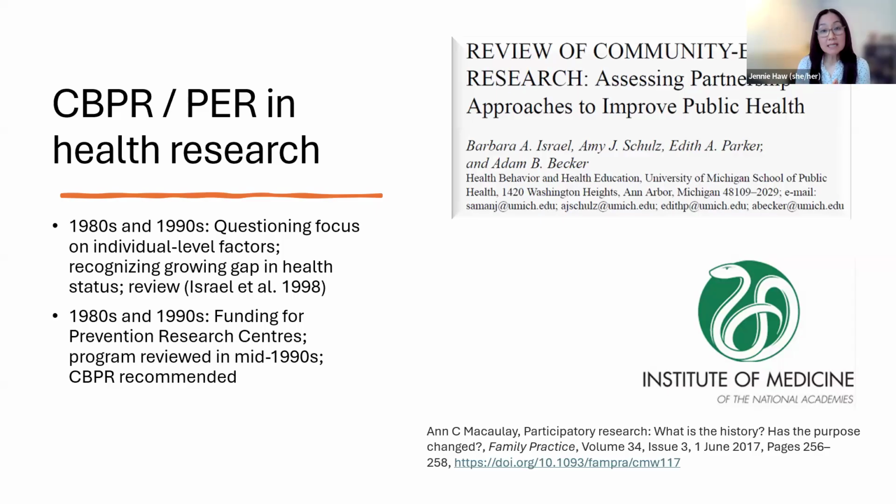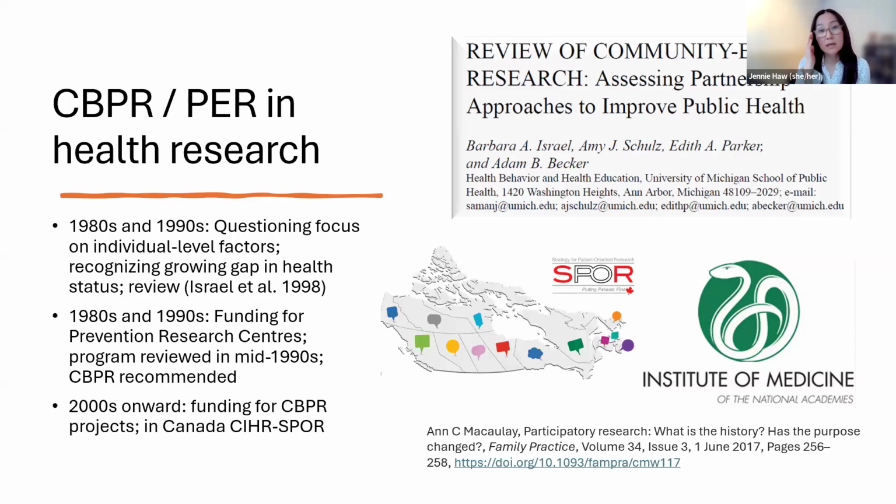In the mid-1990s, the CDC commissioned the Institute of Medicine, now called the National Academy of Medicine, to review the prevention research centers. And the chair of that review at the time recommended that organizations all adopt a community-based participatory approach.